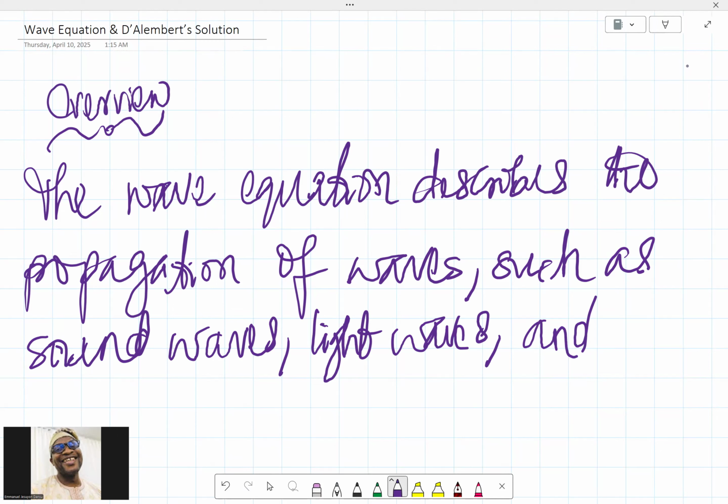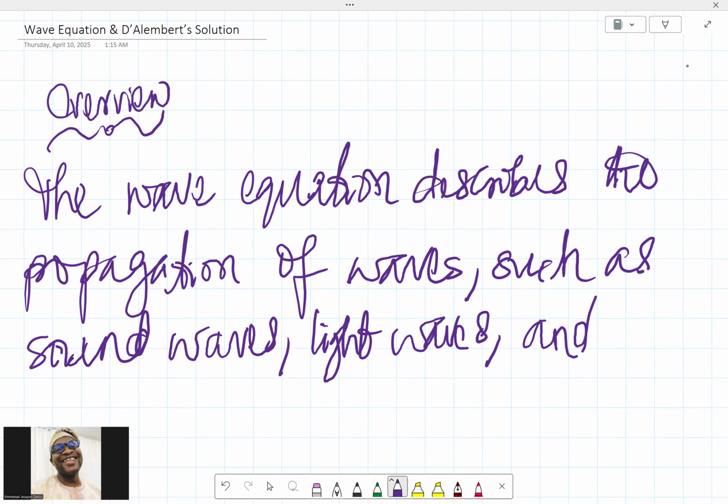This simply means that when t is 0 and we put it into the expression, du of x comma t dt is simply psi of x. So we substitute that into this expression.